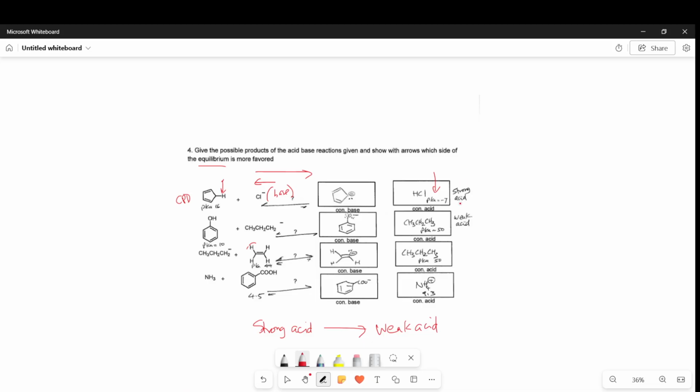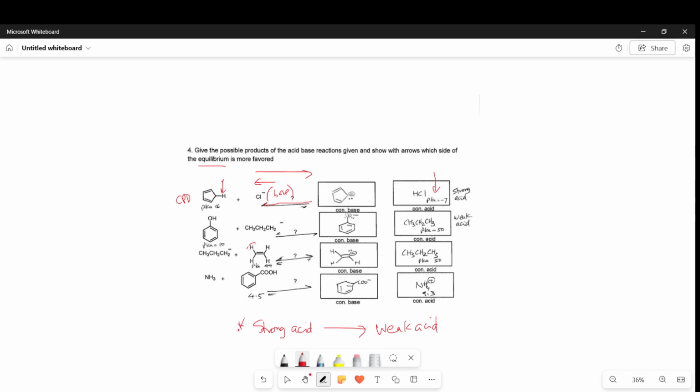So this is a strong acid. Here you have a weak acid. So it is going from a weak acid to a strong acid. So this is not the right equilibrium. The equilibrium should shift like this. So the reaction doesn't happen in the forward direction. The equilibrium should shift backwards.